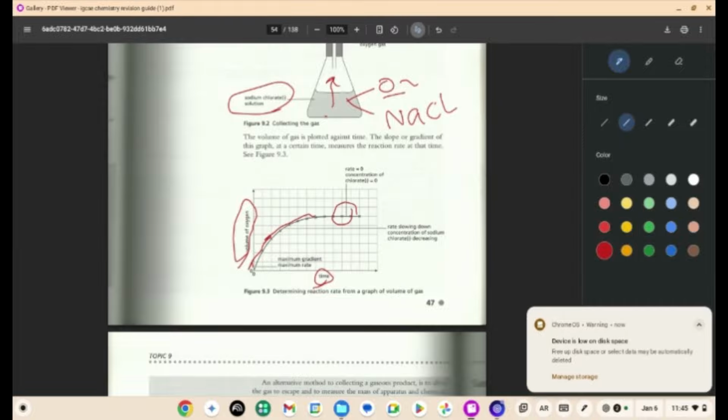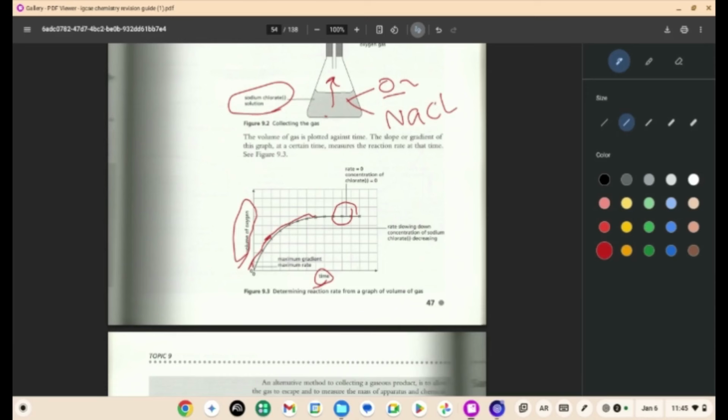At this point, the rate of the chemical reaction is equal to 0 because all the reactant is used and all the reactant is turned into product. So at this point the rate equals 0, and at this point the rate is very high.